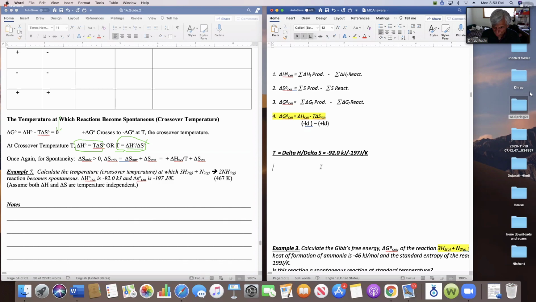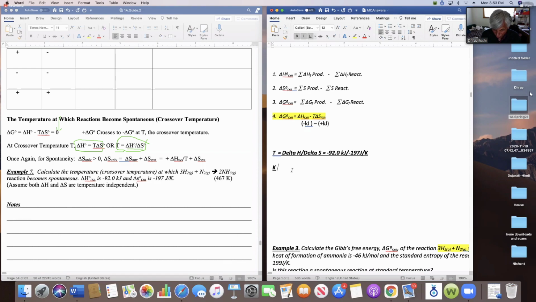So the answer is going to be in Kelvin as long as we have the kilojoules and joules taken care of. The units are going to be Kelvin because of the joules per Kelvin over here, and kilojoules can cancel out as long as we have done it right.